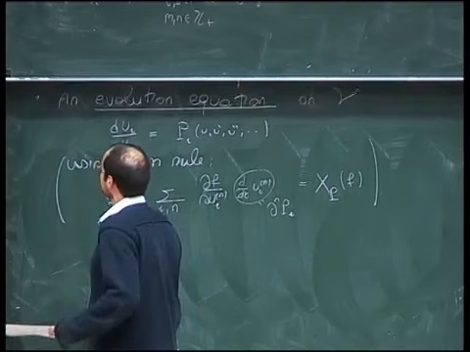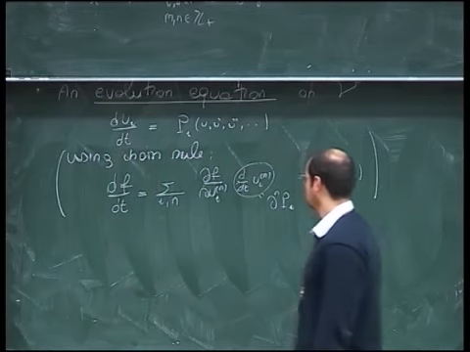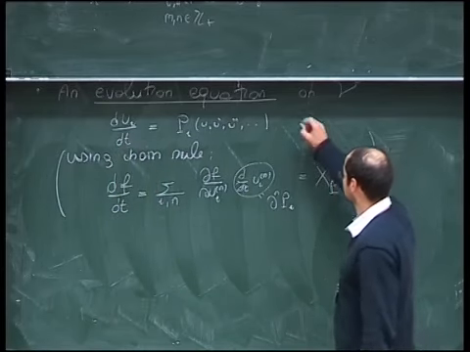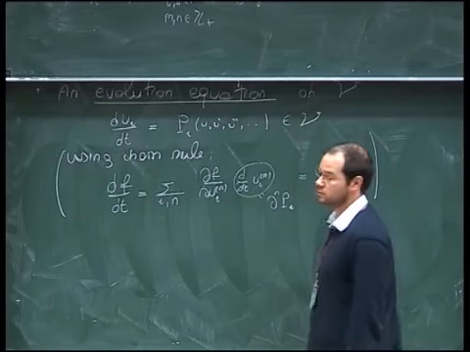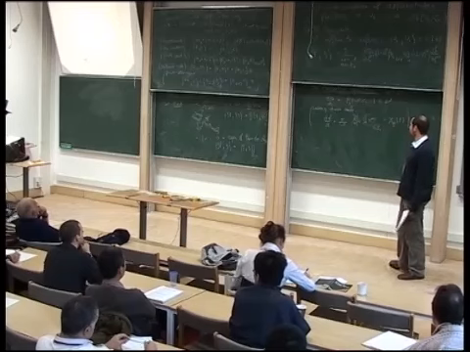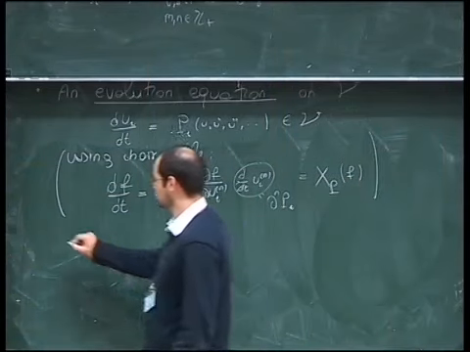Yeah, because you forgot to say that P_i are elements of V. Yeah. And this is a general evolution equation.